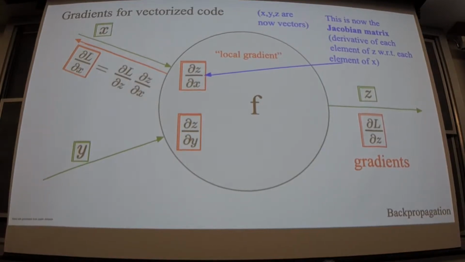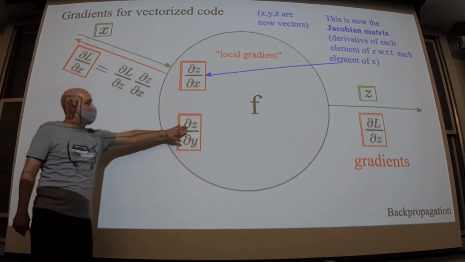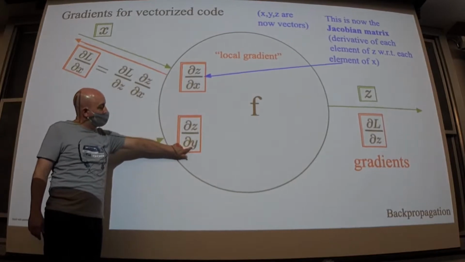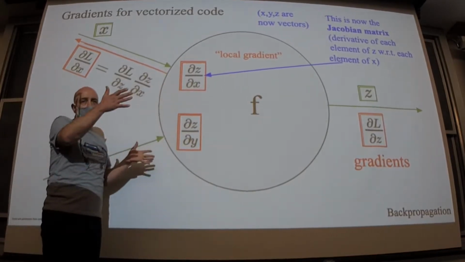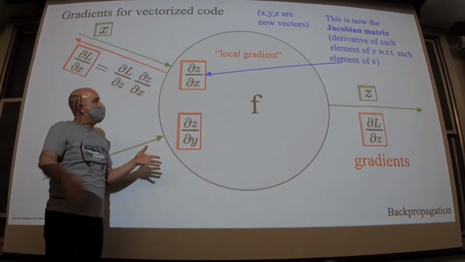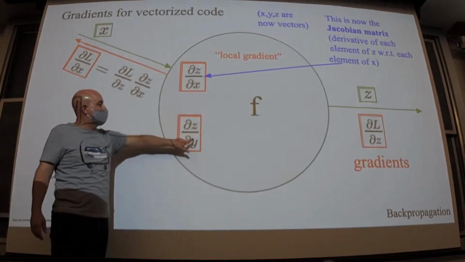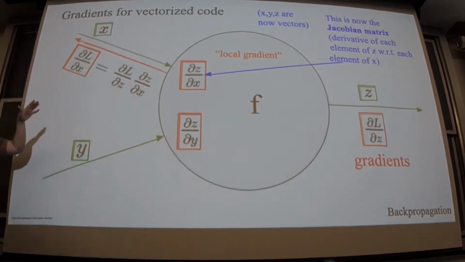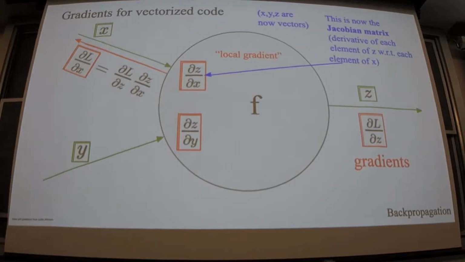You might have all the weights from that layer and take the partial with respect to the whole thing. What happens in that case? Well, if this value is a scalar and this is a vector, then you have a gradient, a vector of partial derivatives. But if this is a vector and this is a vector, then you actually have what's called a Jacobian, or a matrix of partial derivatives.